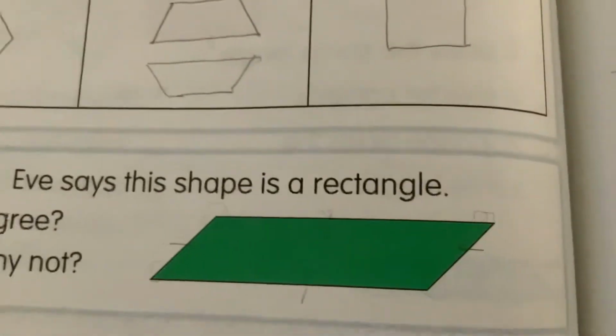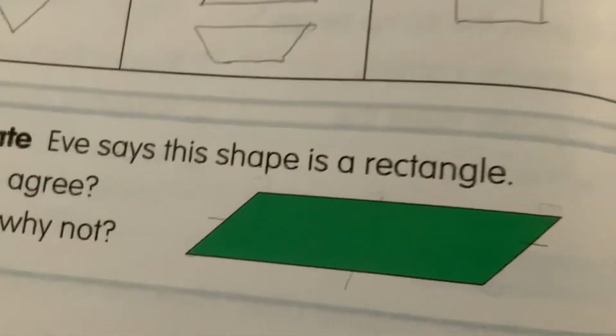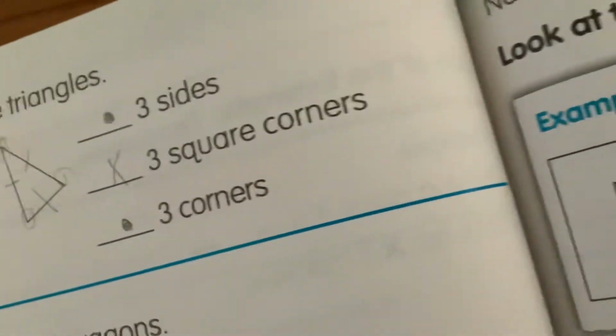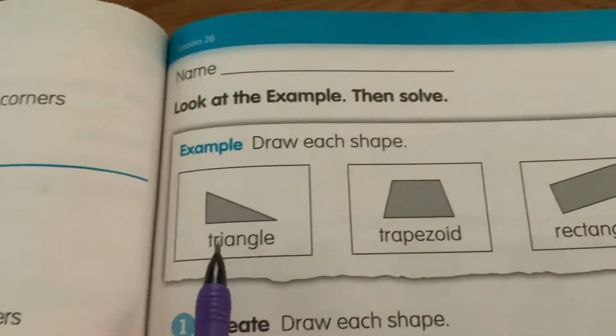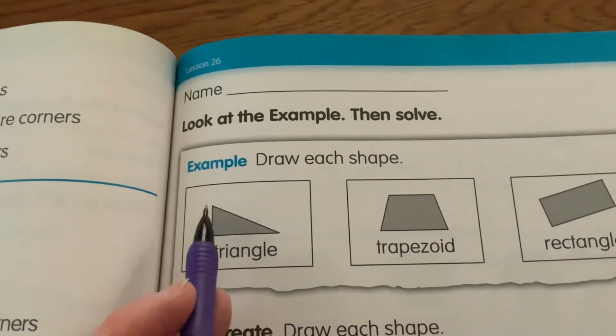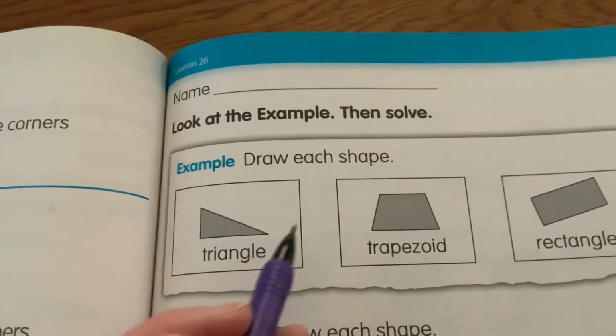Okay, so then let's go back to your book with the animals, and let's look at the next page. Okay, it says draw each shape. Well, they've already drawn the triangle. 3 sides, 3 corners is a triangle.